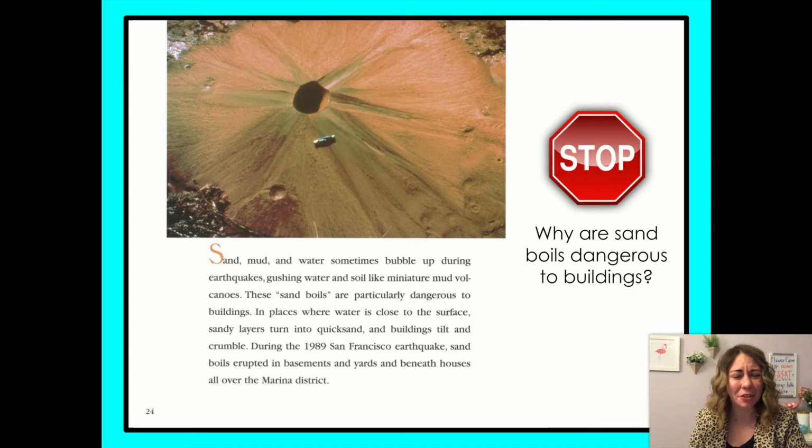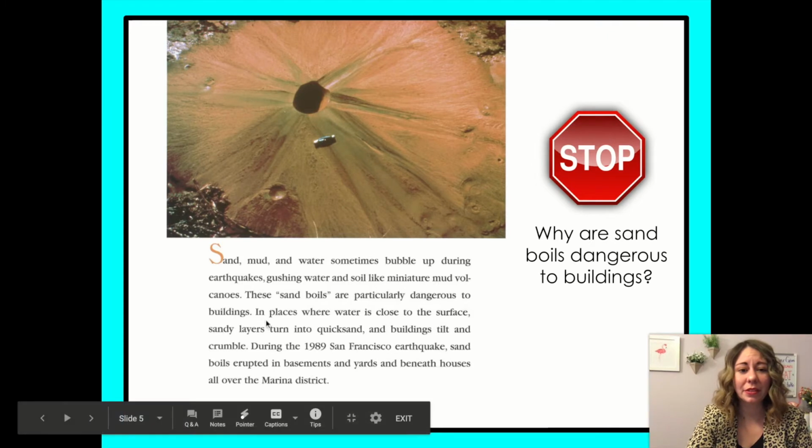And thinking about that with our stop and think question, why are sand boils dangerous to buildings? Let's use that text evidence. It says, these sand boils, right here in the second sentence, these sand boils are particularly dangerous to buildings.